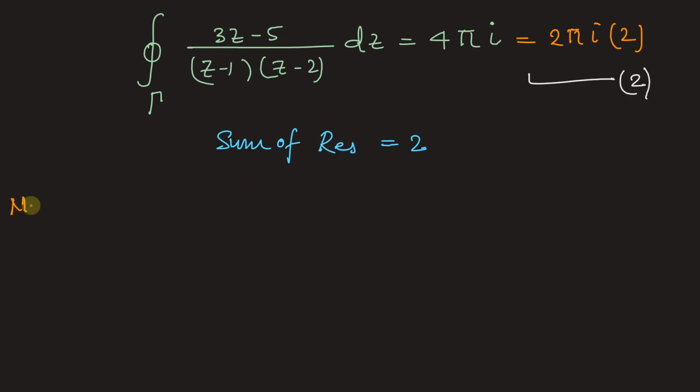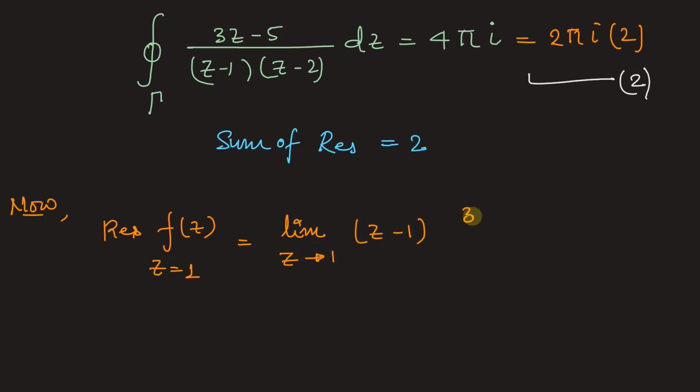Now the residue of f of z at z is equal to 1 will be equal to the limit as z tends to 1 of (z minus 1) into (3z minus 5), this is f of z, divided by (z minus 1)(z minus 2).